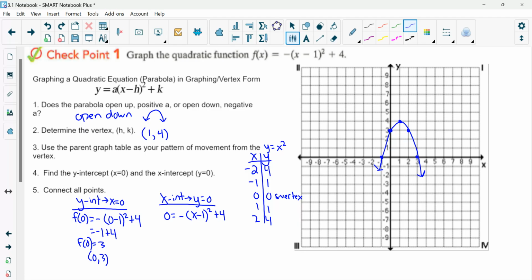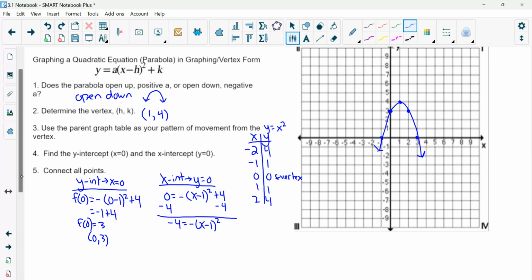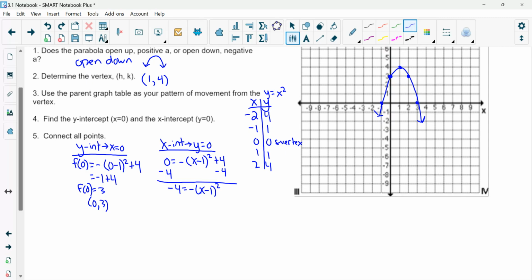So PEMDAS backwards, I'm going to undo the addition and subtraction, so I'll subtract 4. I'm going to undo the multiplication. So there's multiplication by negative 1, so divide by negative 1. So that would give me just (x minus 1) squared equals positive 4 now.